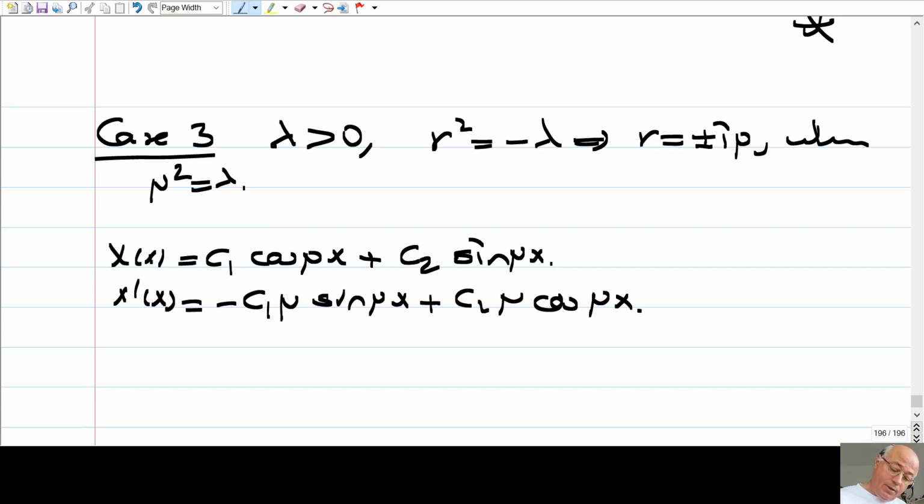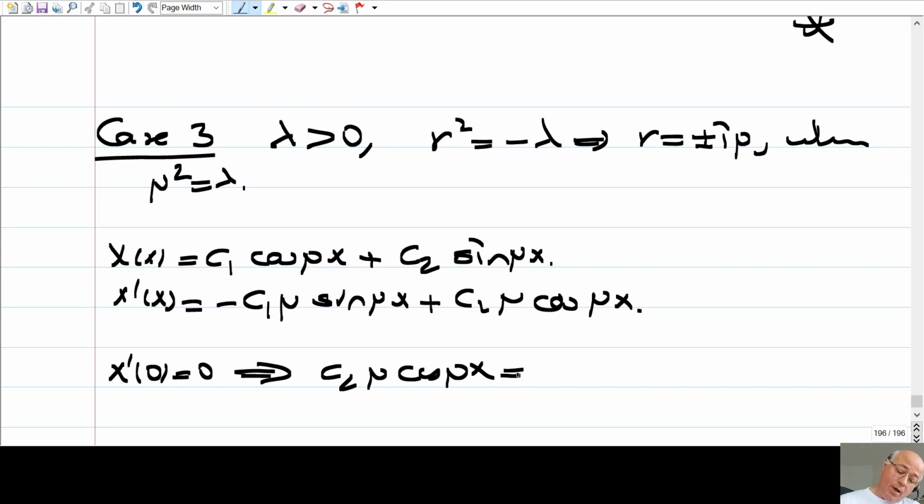All right, the third case, lambda positive, is this. Now let's look at our conditions. When I plug 0 into X prime, this term is 0, so I have just C2 times mu cosine mu x, and this gives us C2 equals 0 because mu is non-zero.